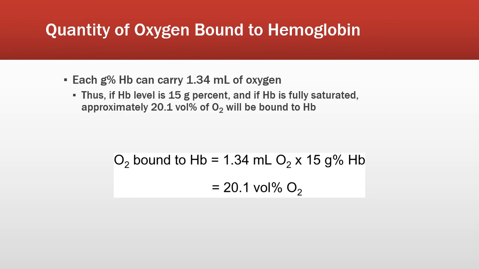And here's what it looks like in a mathematical formula: 1.34 mL of oxygen times 15 grams percent hemoglobin is equal to 20.1 vols percent. This represents the oxygen bound to hemoglobin and is how you can calculate oxygen bound to hemoglobin.